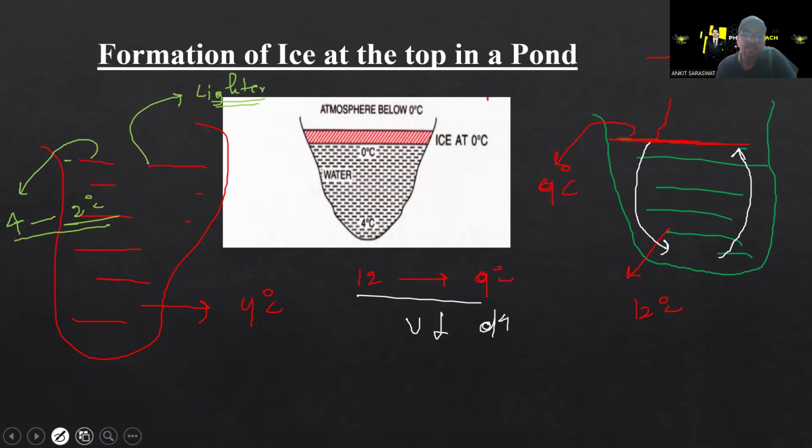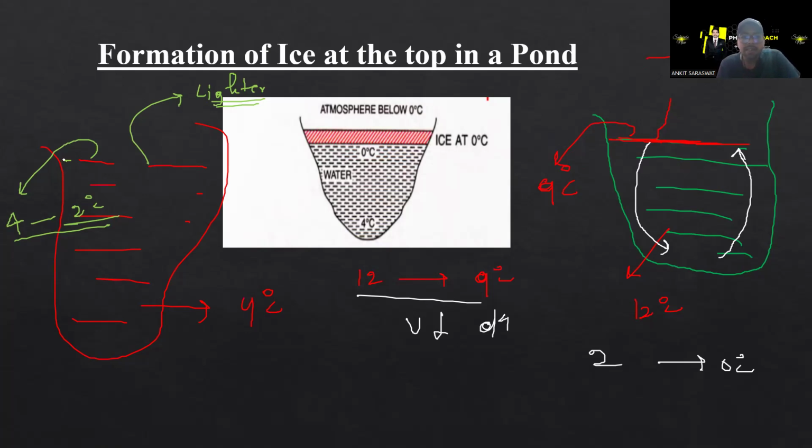If it is lighter, it will not go down. It will be settled there, and after some time its temperature further drops from 2 to 0 degrees Celsius. It is not going down because it is lighter. If something is lighter, it is not going down, it is going up.